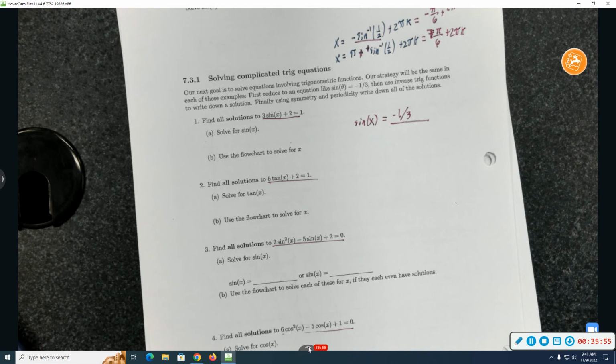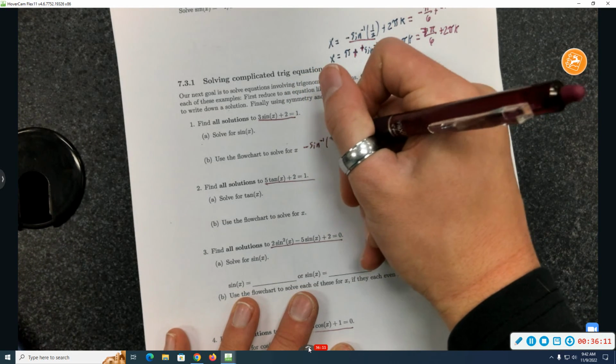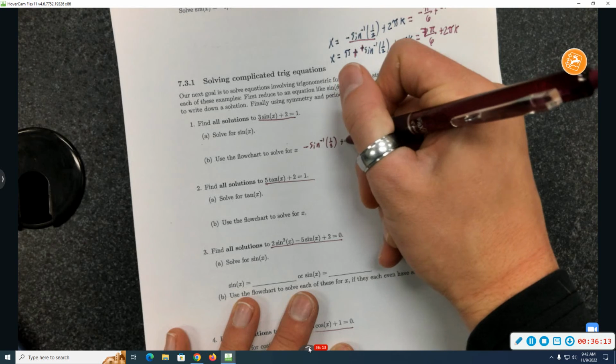I'm just going to be quiet. Tell me all of the solutions to this equation. Negative inverse sine of 1/3 plus 2 pi k and pi plus inverse sine of 1/3 plus 2 pi k.